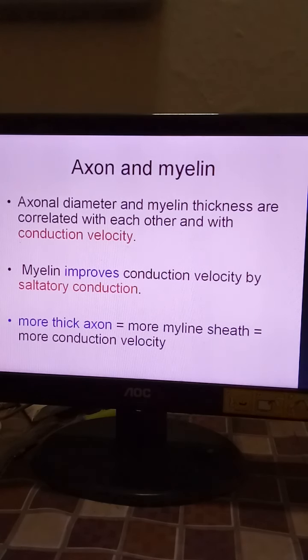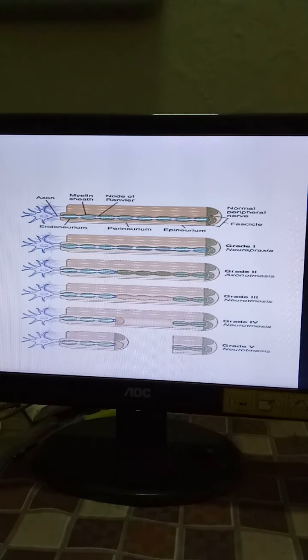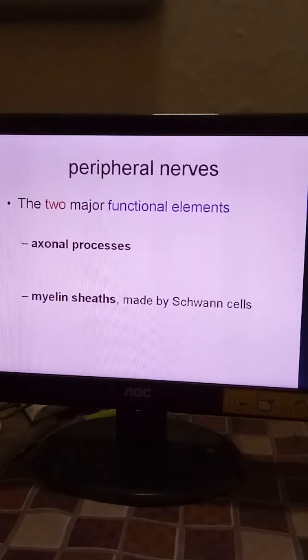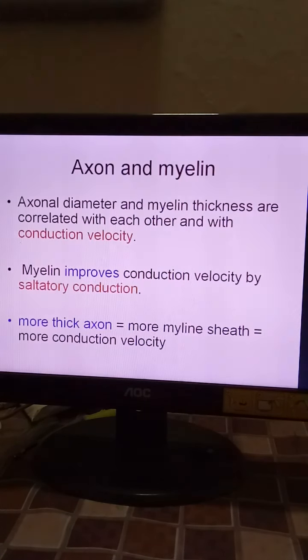In fact, the basic function of myelin is to improve conduction velocity by saltatory conduction. Now, saltatory conduction means the nerve impulse do not pass linearly, rather it jumps from one node to another node, and this increases the velocity of the nerve conduction.